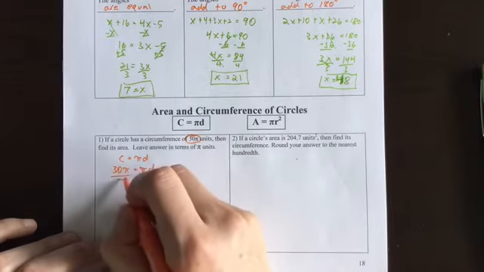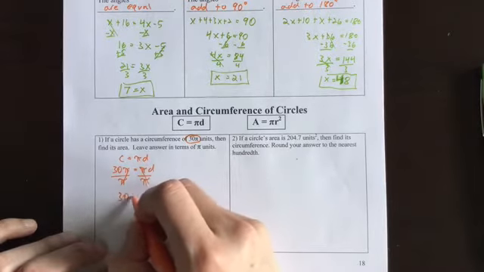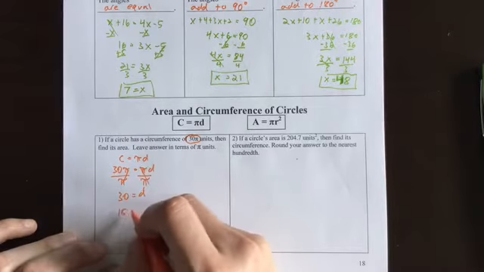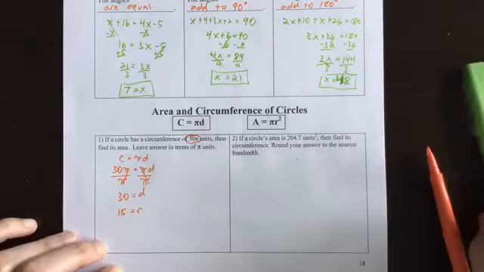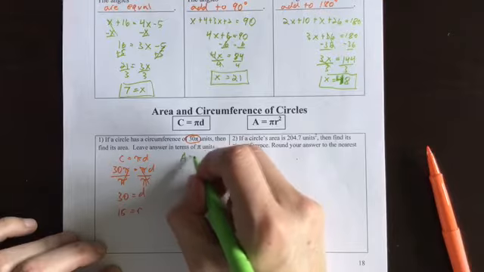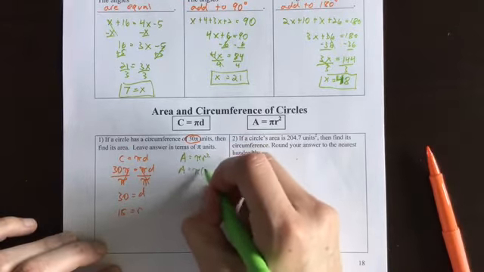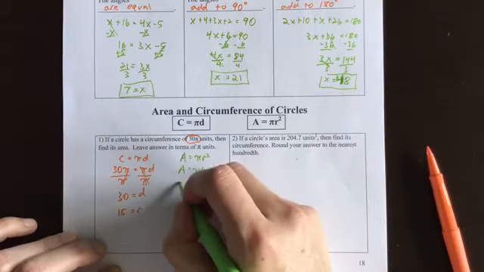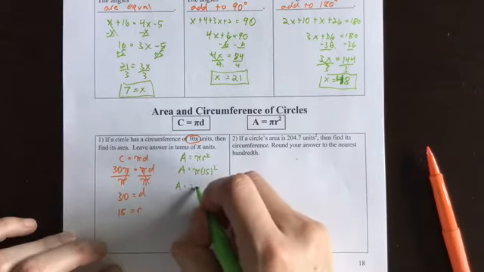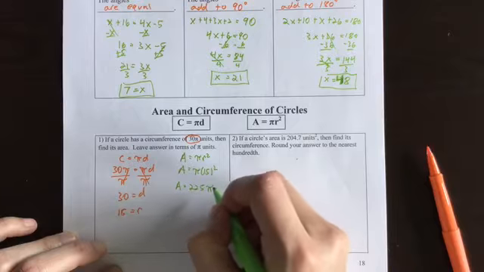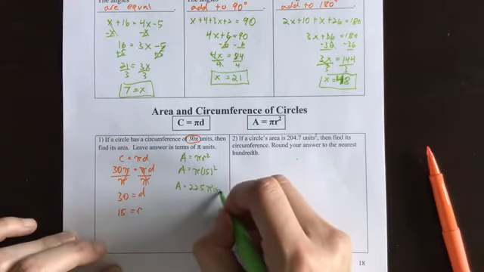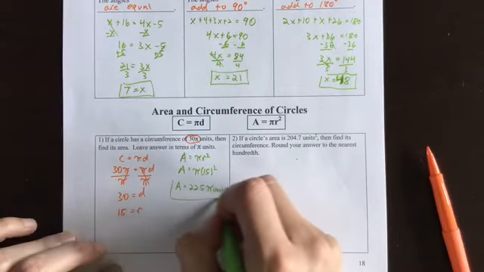Dividing both sides by pi, we get 30 equals d, which means the radius is 15. Now we can find area, just pi r squared. So pi times 15 squared. 15 squared is 225, so 225 pi units squared.